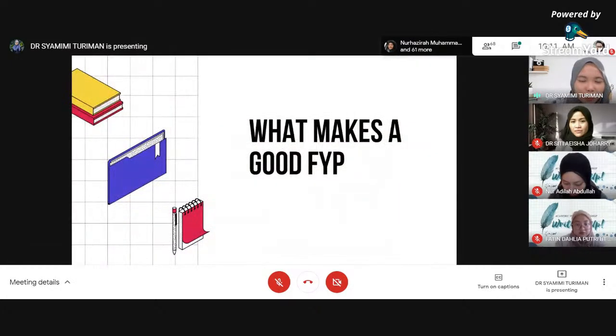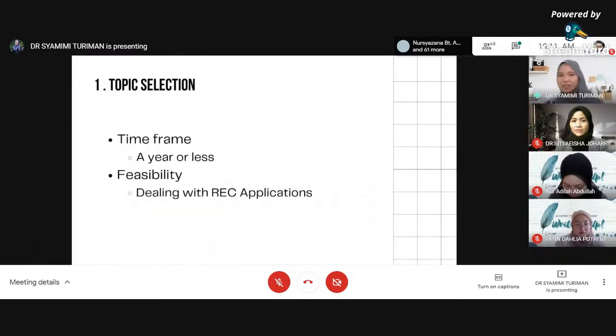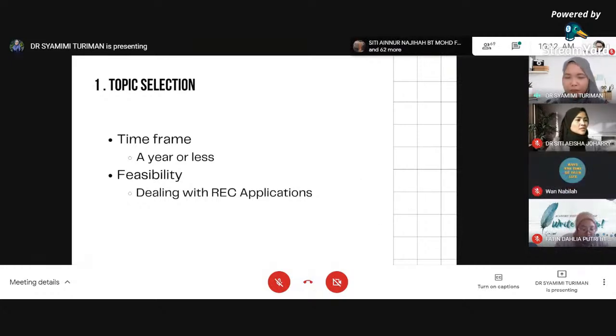Okay, so we'll begin with what makes a good FYP, in which here you can see the first point that I have would be in terms of topic selection, right? One of the most important things that we need to consider here would be the time frame.